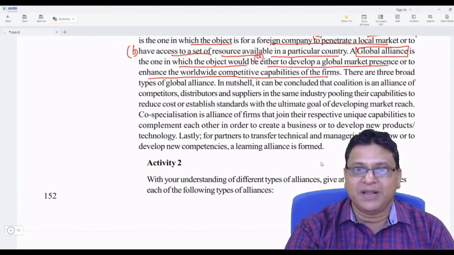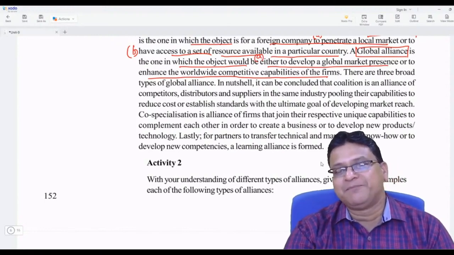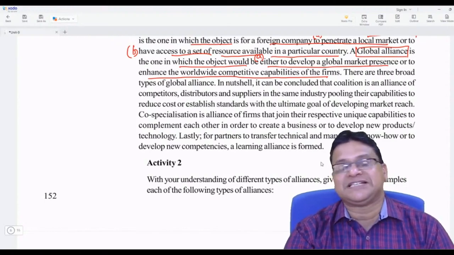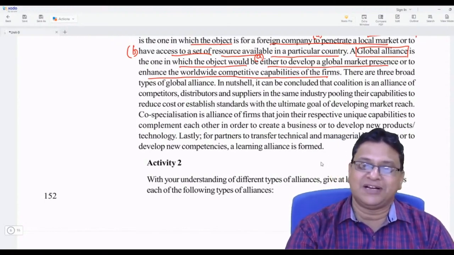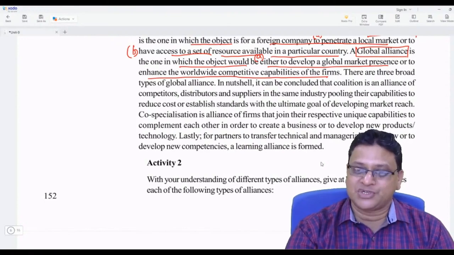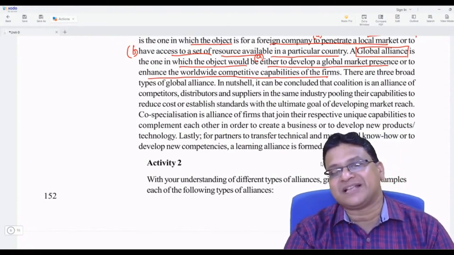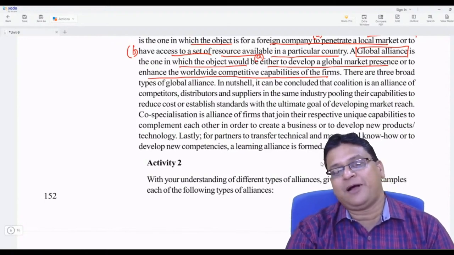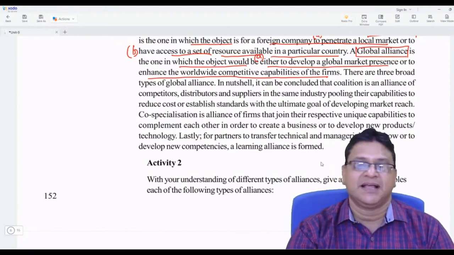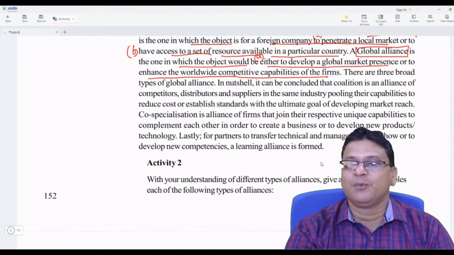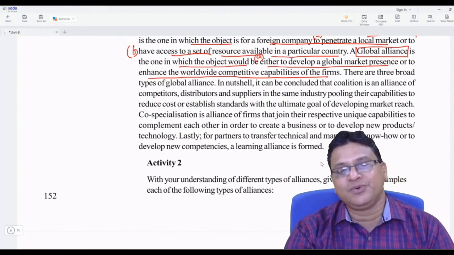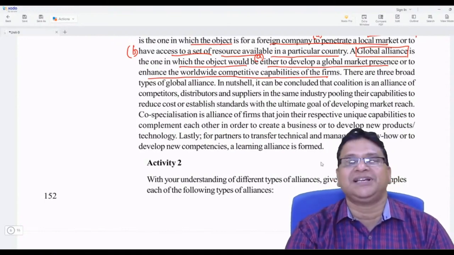First, a global alliance is done to develop global market presence. If a company wants to increase its presence in different countries, it will have to have a global market presence. Apple wants to have global market presence. It wants to sell its products in the Indian market.